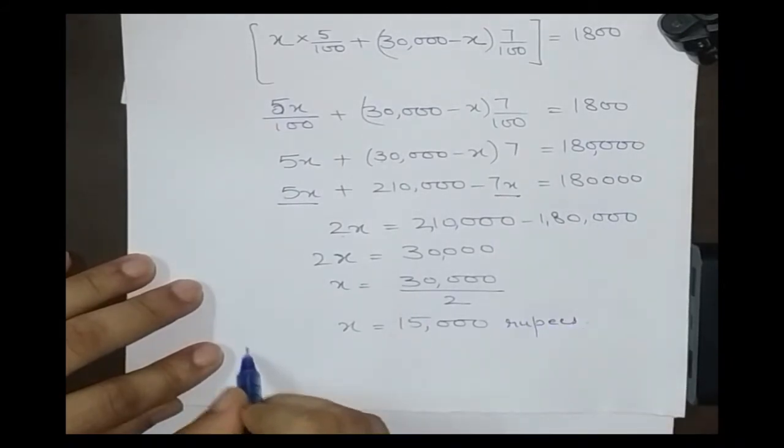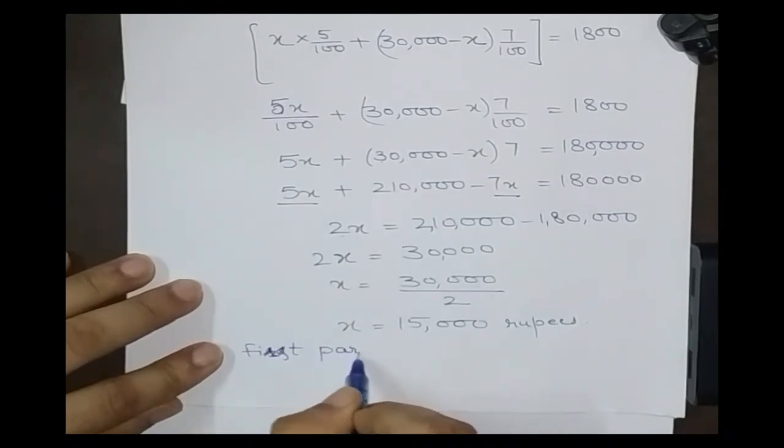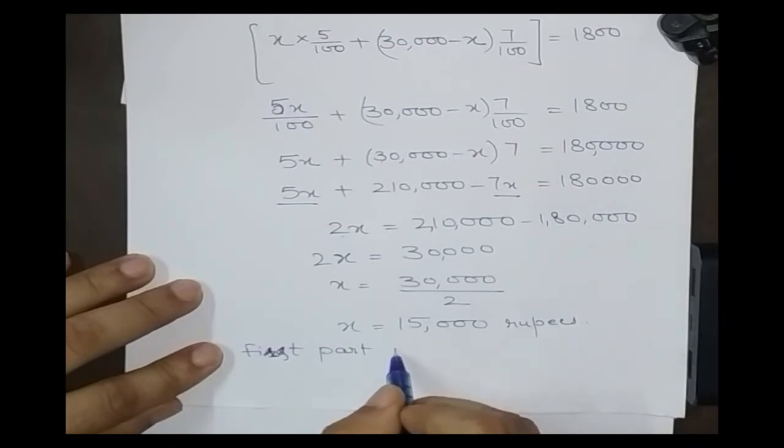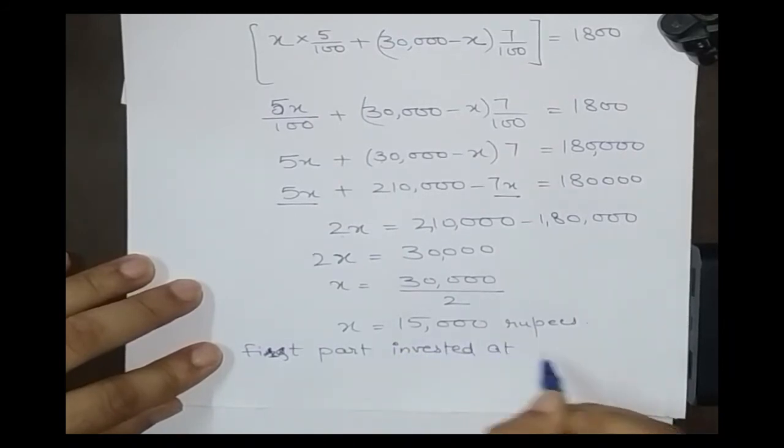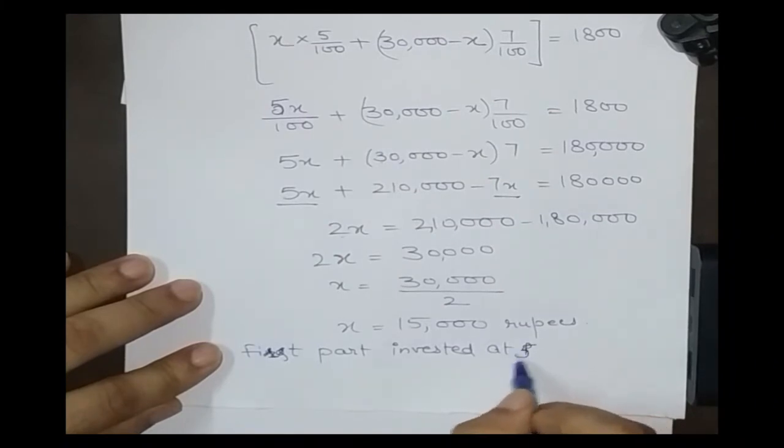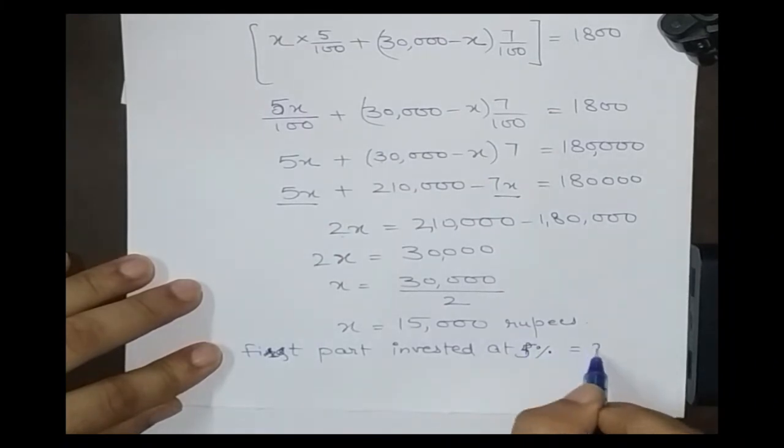So the first part invested at 5% is equal to rupees 15,000.